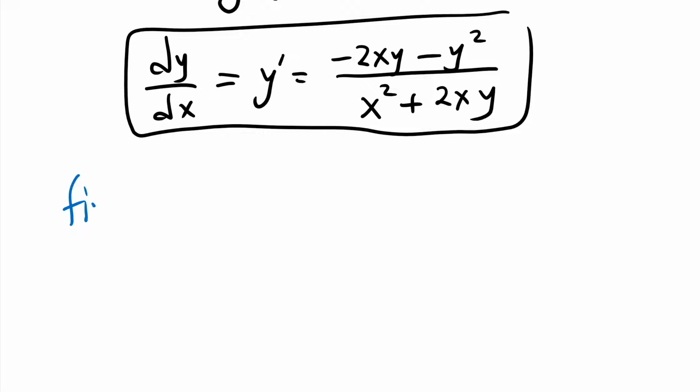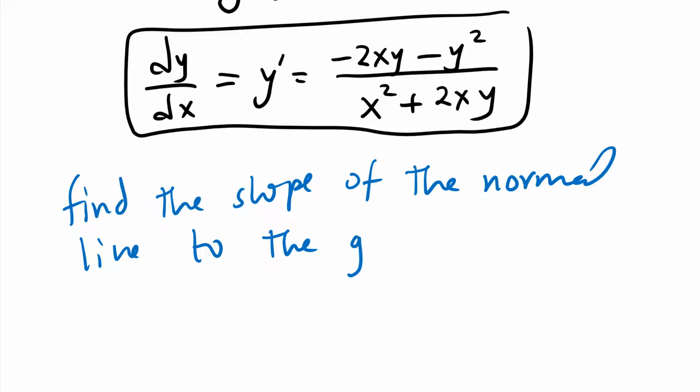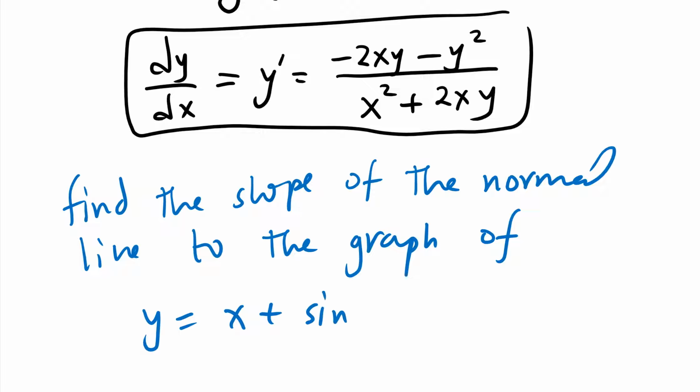Find the slope, just the slope of the normal line to the graph of y equals x plus sine xy plus 1 at (0, 1).